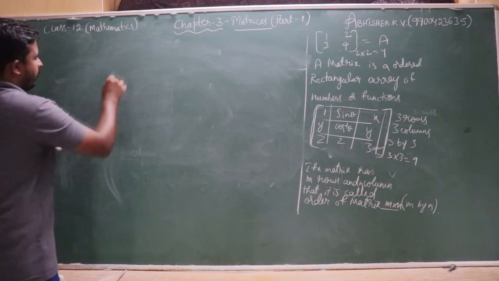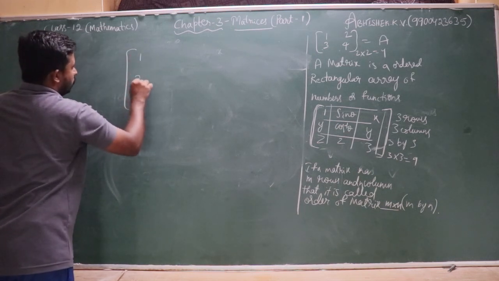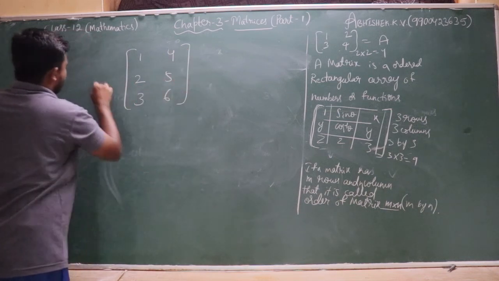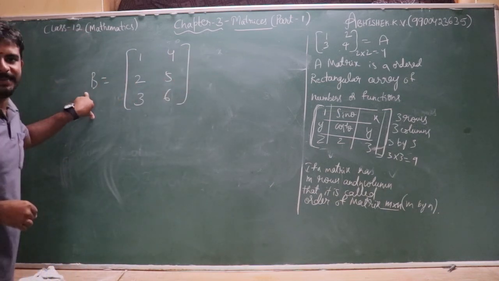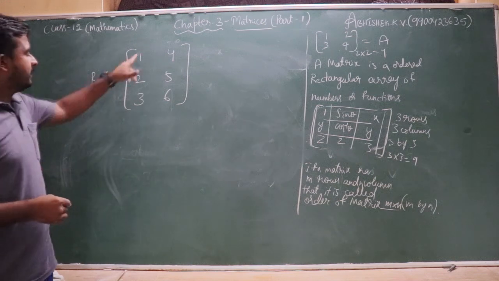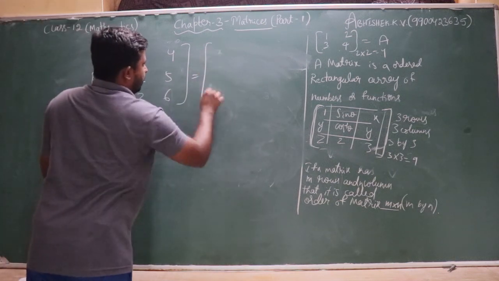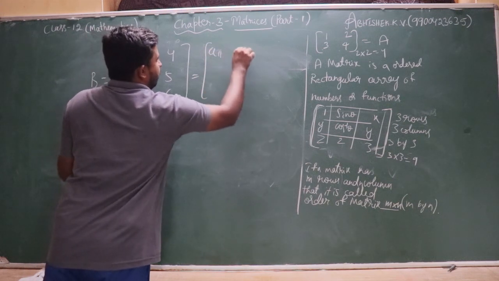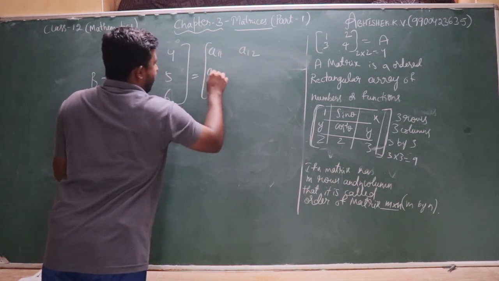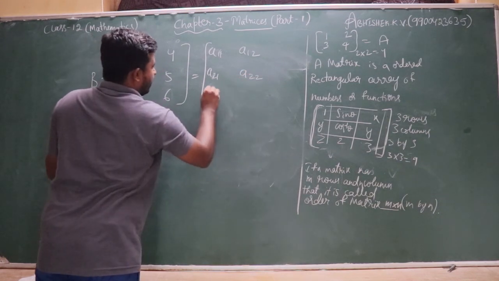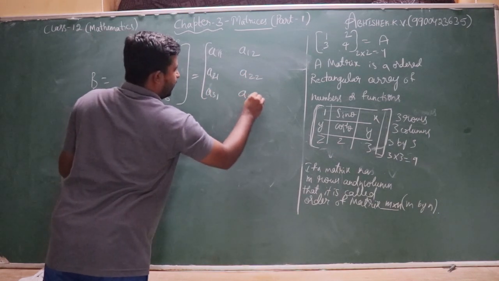What about this? See, if I consider 1, 2, 3, 4, 5, 6 represented by a capital letter, these are called elements. This is A11, A12, A21, A22, A31, A32.